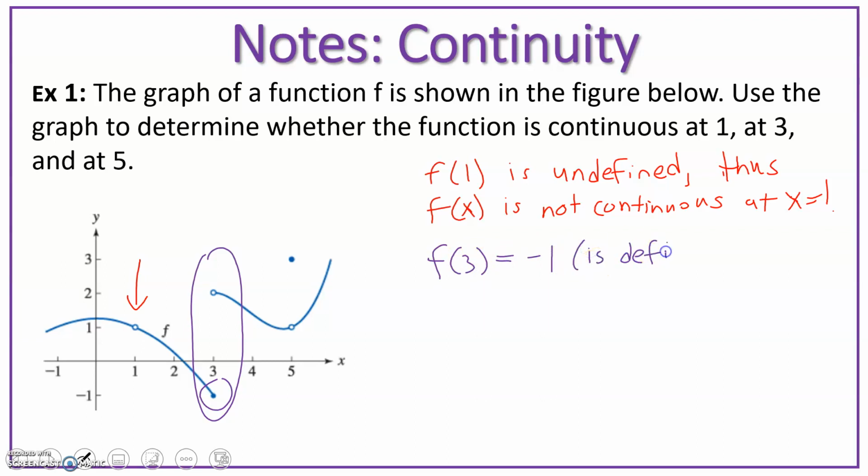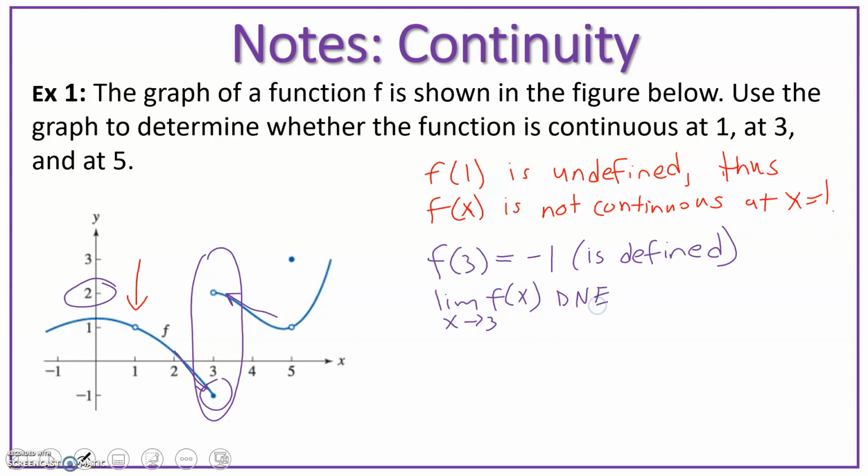However, when looking at the limit, we can see that if we approach 3 from the right, we're at 2. Whereas if we approach it from the left, we're at -1. So we can thus say that the limit of f of x as x approaches 3 does not exist.